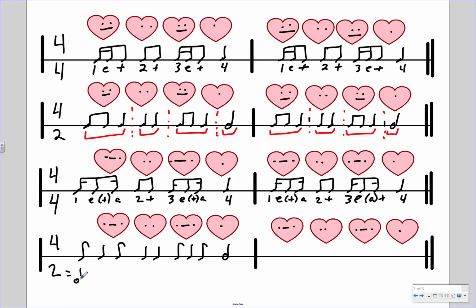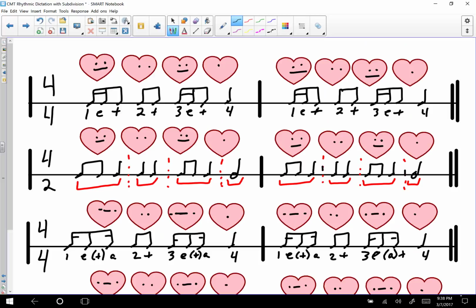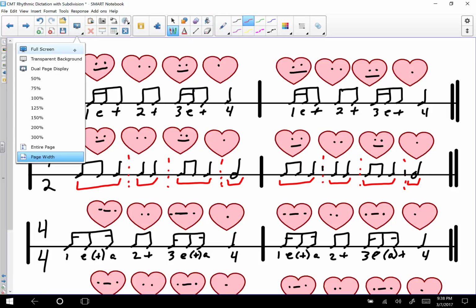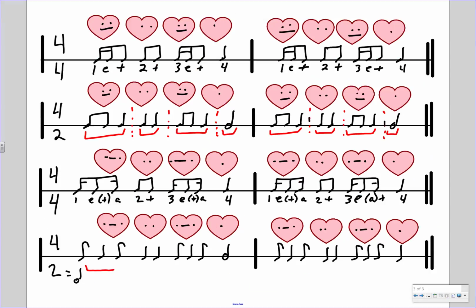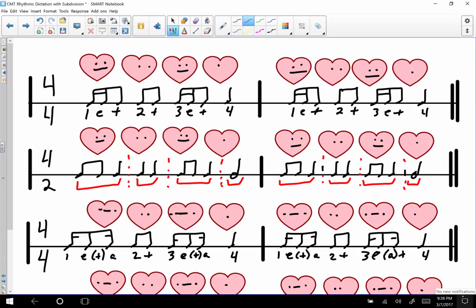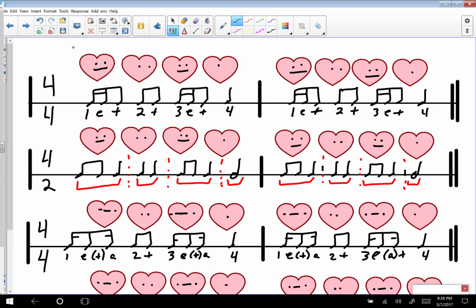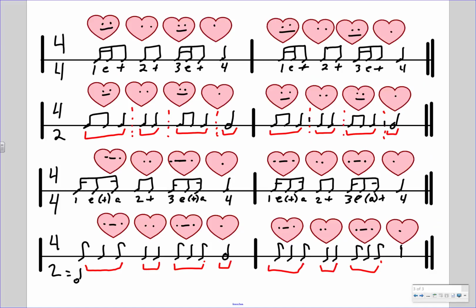Remember 4/2, the half note equals the beat. Here it is again, ready and go.